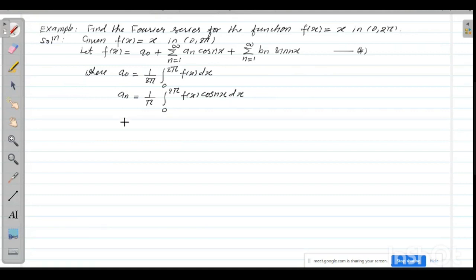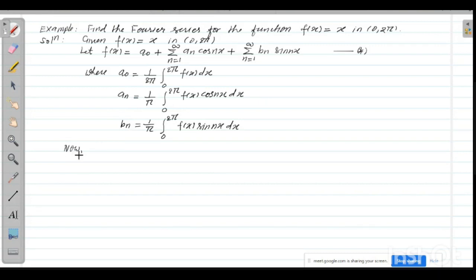And for b n we will have 1 upon pi integration of limit 0 to 2 pi f of x sin n x dx. These are the formulae, and we will use each formula to determine a naught, a n and b n.